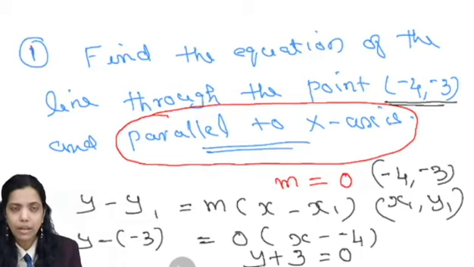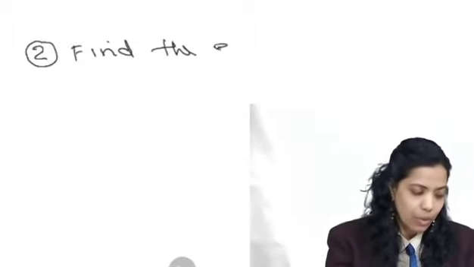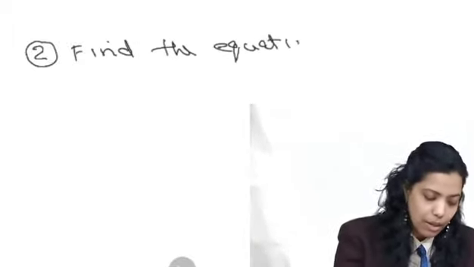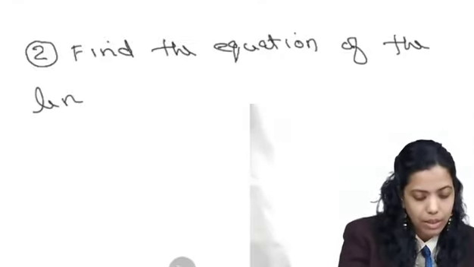Here we can do one more question. I am giving it as homework for you. Let us consider the second one that you can try as homework. In the same format, find the equation of the line.